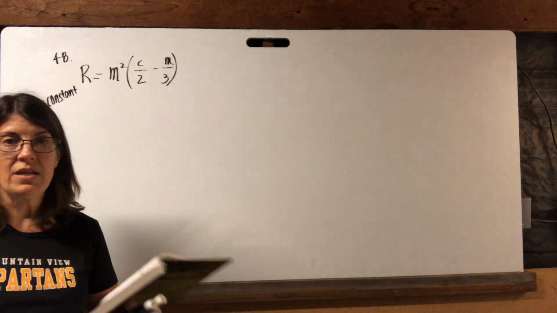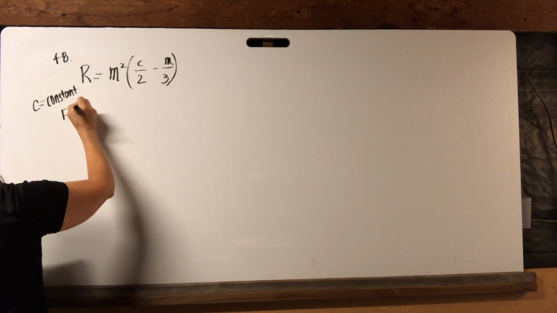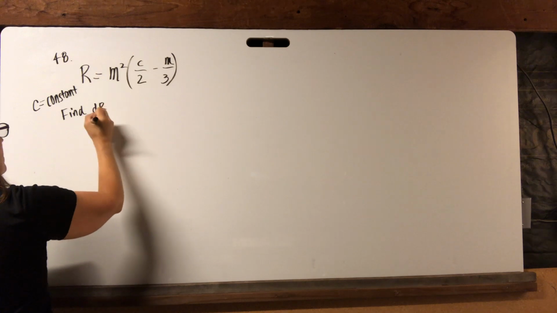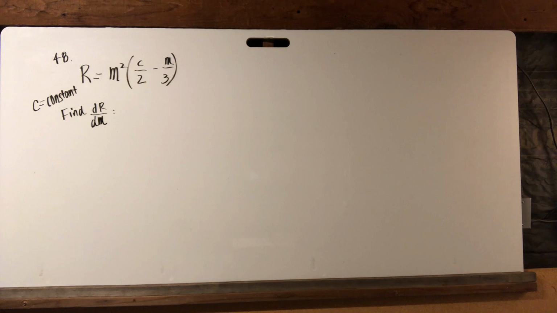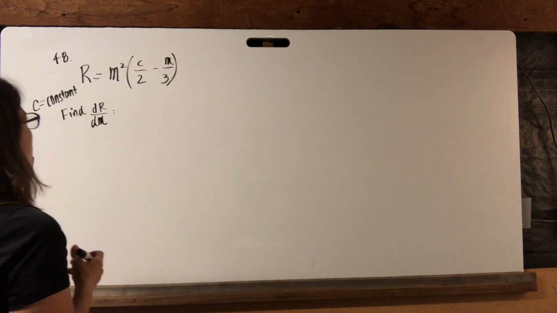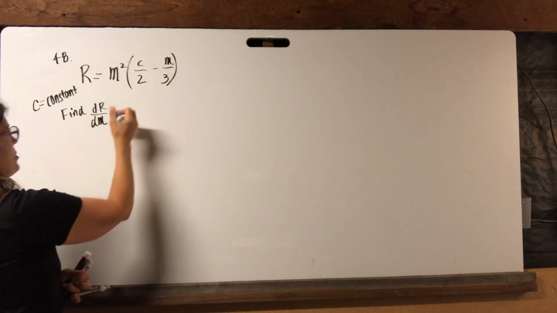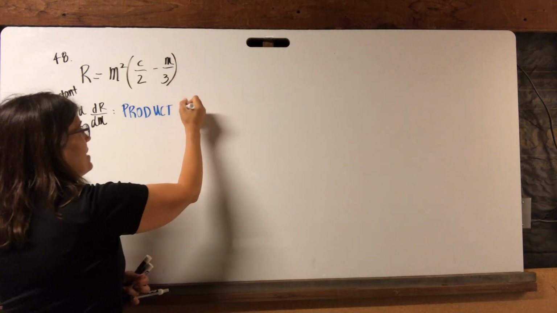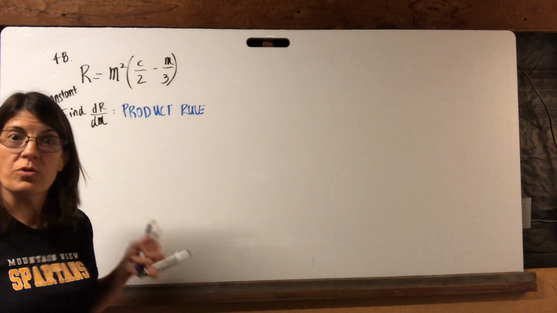So I want to find the derivative of R with respect to M. Okay, I did this problem 2 ways. I used the product rule.